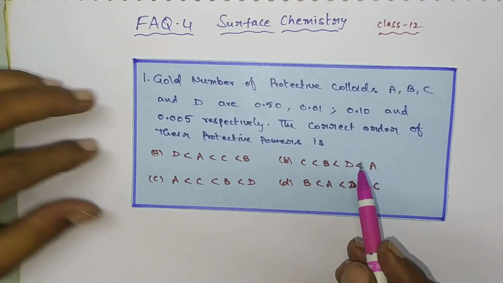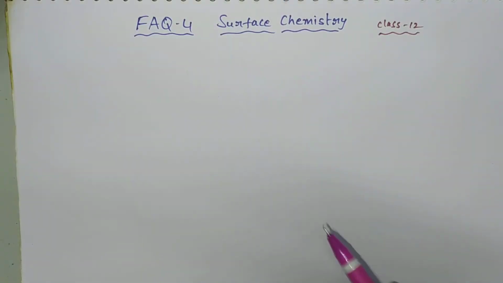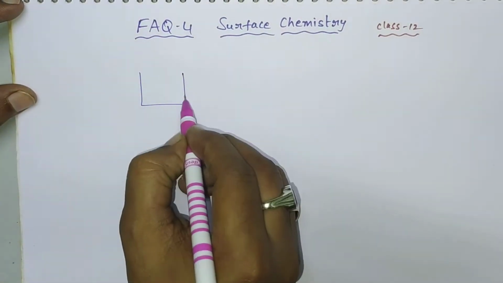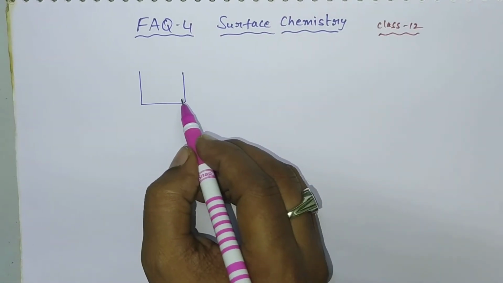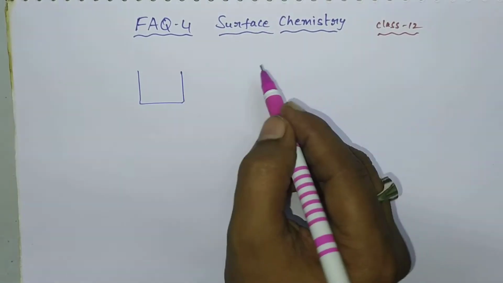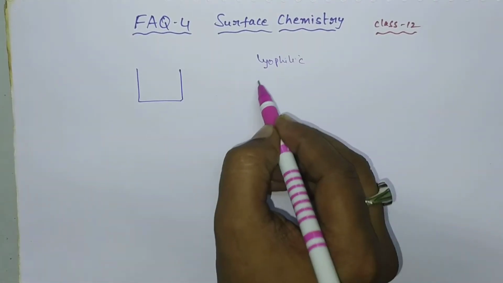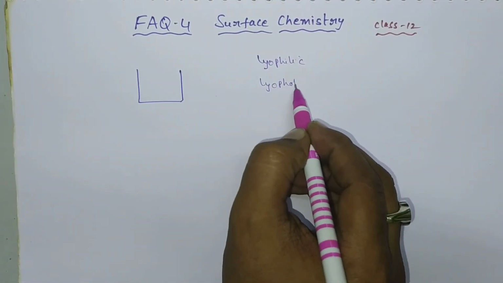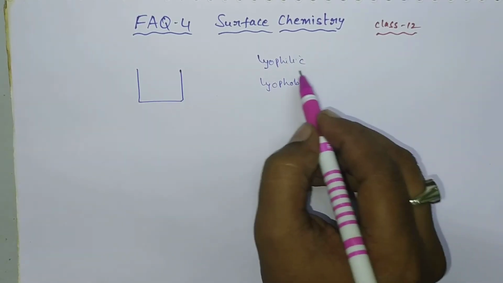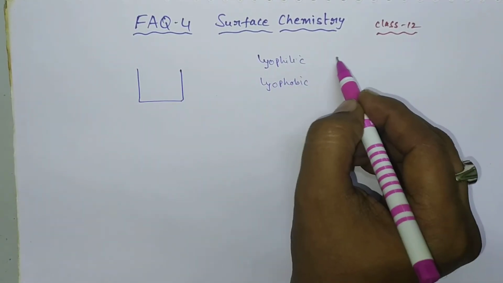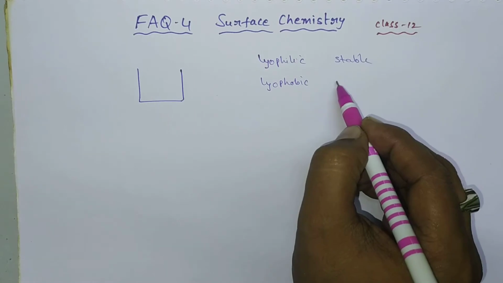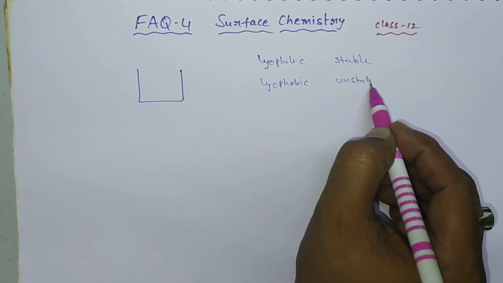So let us have a look at the concept of gold number. Generally there are two types of colloidal solutions: lyophilic colloids and lyophobic colloids. Lyophilic colloids are generally stable colloids, whereas lyophobic colloids are unstable colloids.